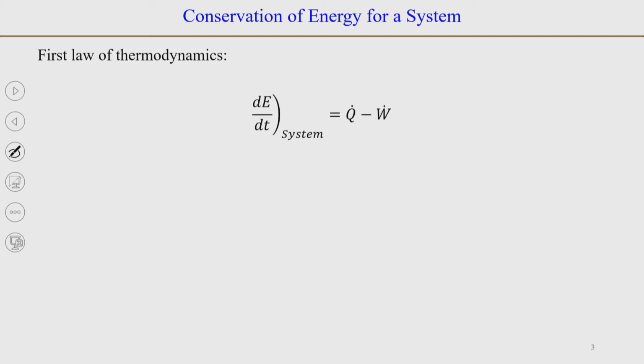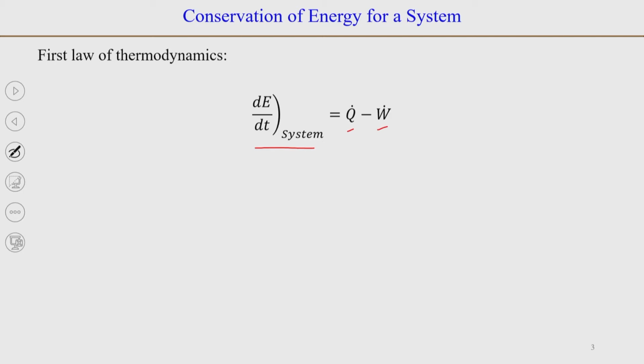When we apply the first law of thermodynamics for a system, because we are talking about a flow system, the rate of change of total energy of the system is equal to Q dot, which is the energy supplied to the system, and W dot, which is the work done by the system.